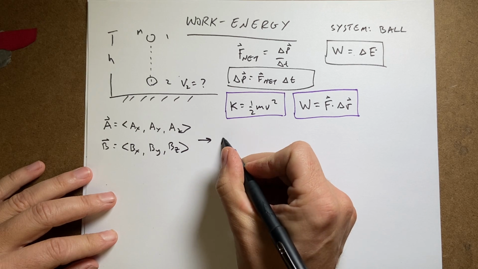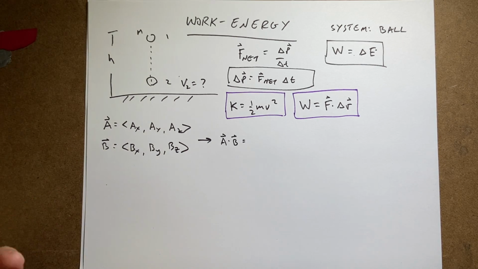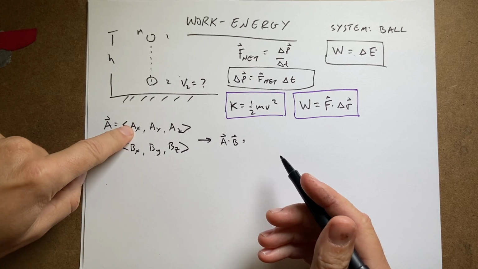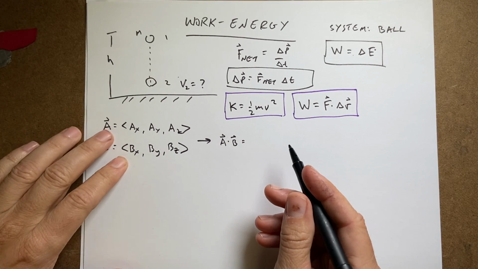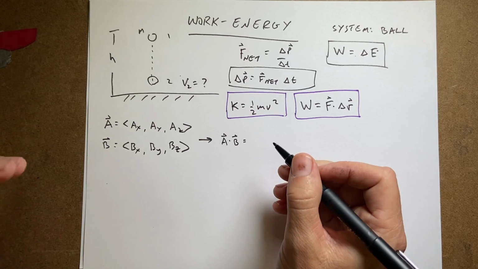Then A dot B is a way to operate on two vectors. It's not multiplication, okay, because you can't multiply vectors. It's a different operation. And in this operation, we get a scalar value based on these two vectors. To get that scalar value, it's defined as the product of the x components plus the product of the y components plus the product of the z components.